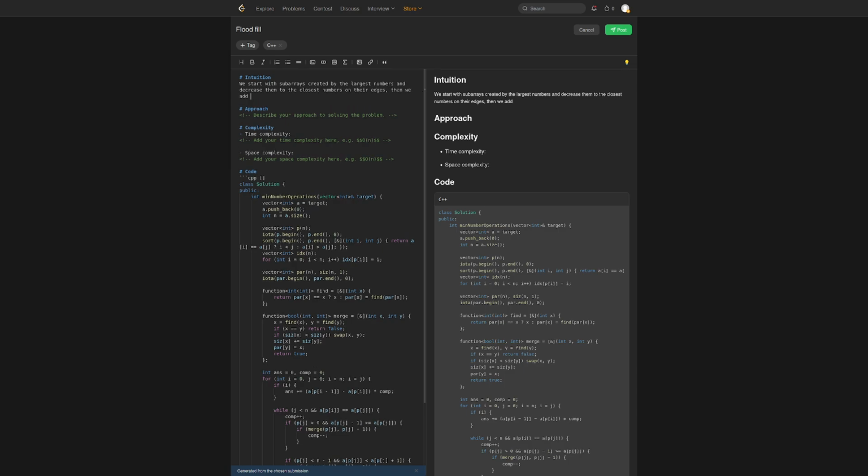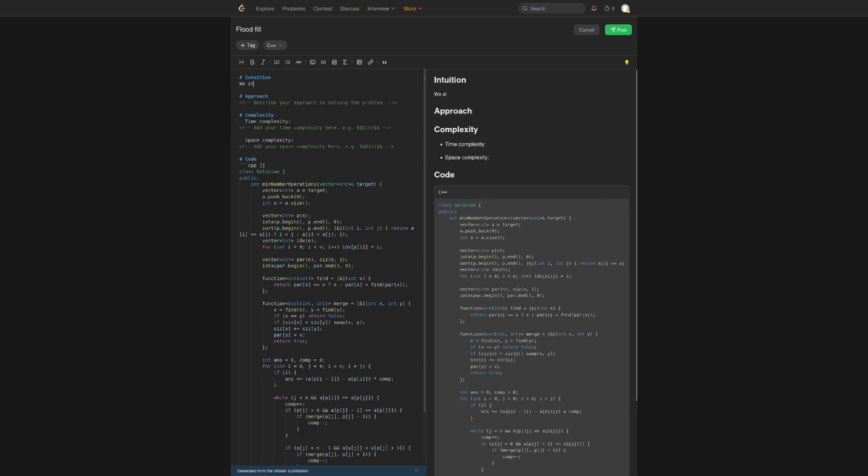Then we simulate the process but backwards.